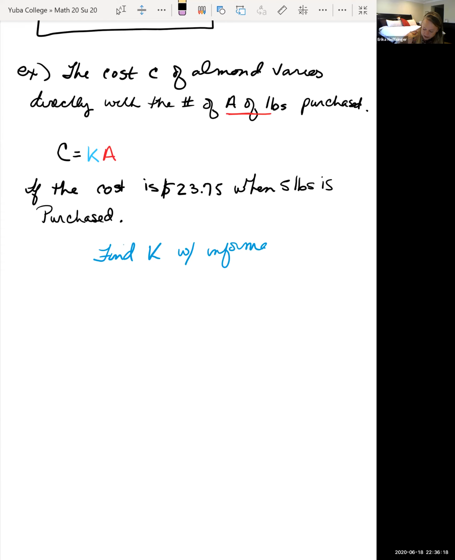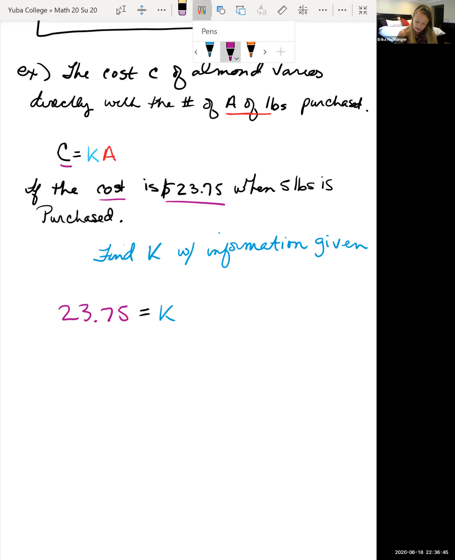So we know what the cost is. We know the cost was $23.75. So we have $23.75 is equal to our K value times, and then it told me the amount of almonds that was purchased. The amount of almonds that was purchased was 5 pounds.